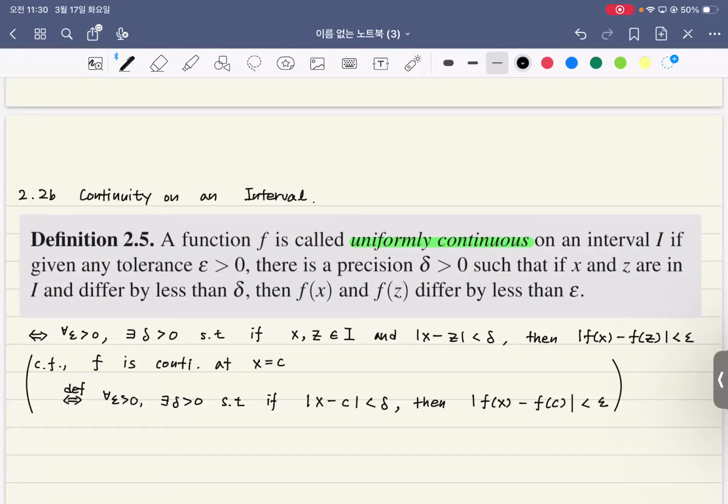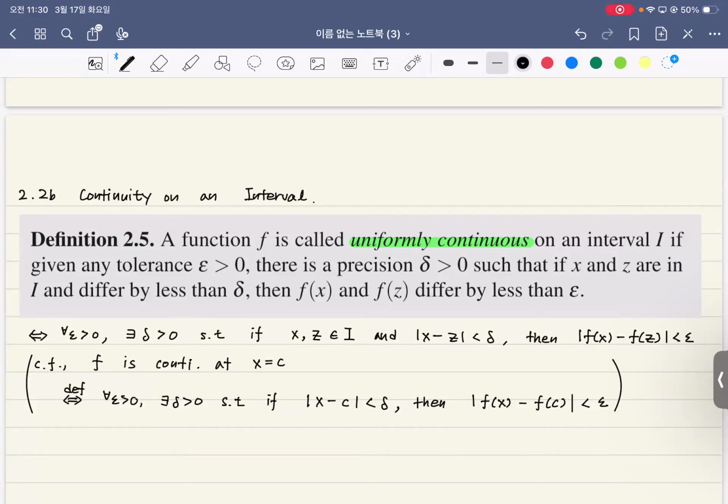So which one do you think is the stronger condition? This or that? Uniformly continuous is a much stronger condition compared to just continuous at a single point. Why? Because here all you need to do is check the delta neighborhood of c.